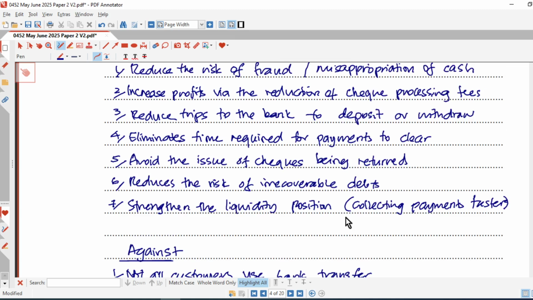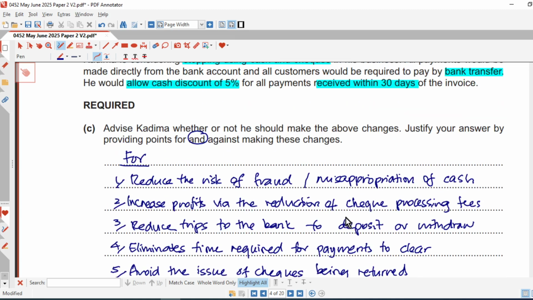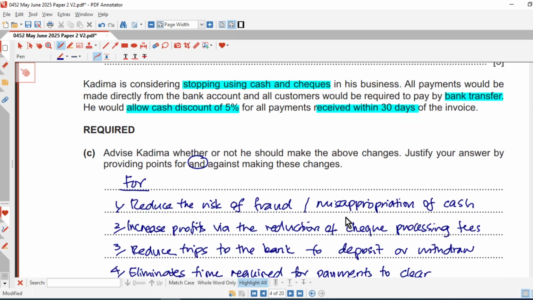Some businesses, especially those dealing with large amounts in the millions or hundreds of thousands, would still prefer using checks as a more secure form of payment. So, not everybody uses bank transfer. That's one thing you have to consider.